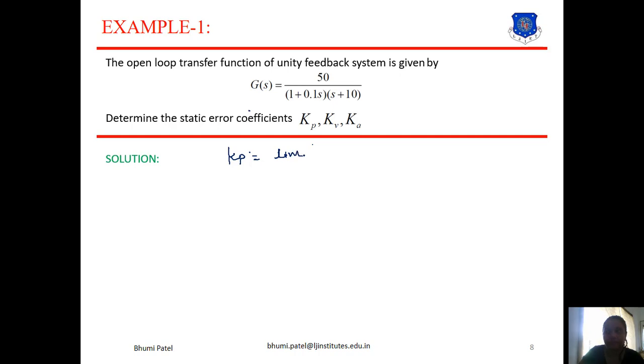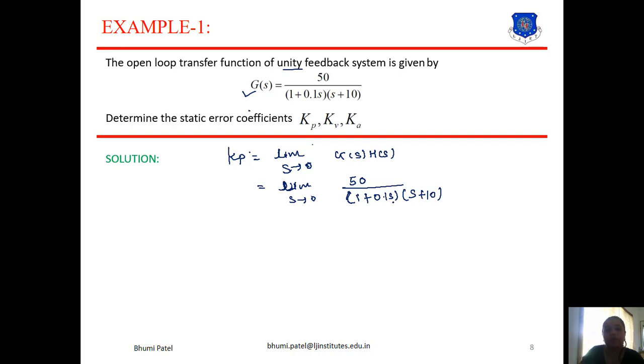First equation: Kp is equal to limit s tends to 0, g(s) into h(s). Here the value of g(s) is given and the feedback is unity, so h(s) is equal to 1. So limit s tends to 0, 50 upon (1 plus 0.1 s) into (s plus 10).